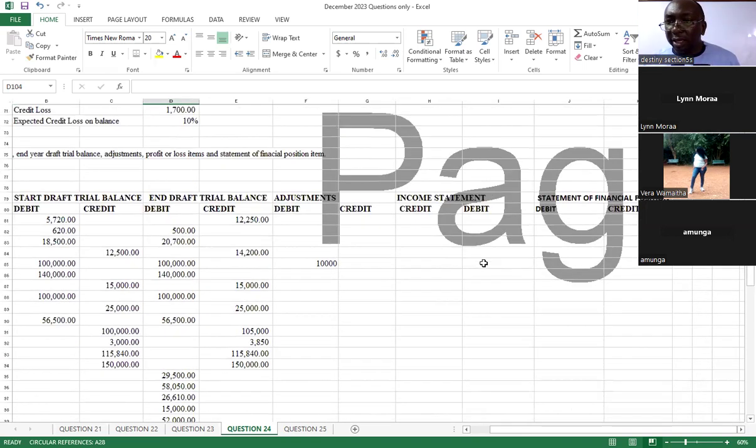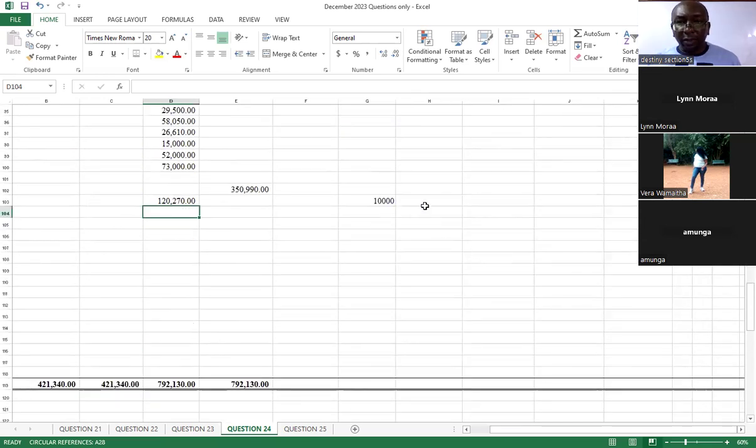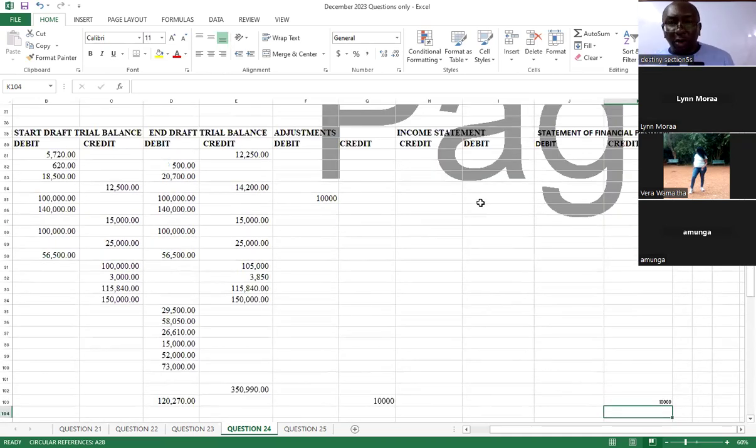Let me see the credit side. The credit is K. So this one, I want it to come here. Equals this. Yeah. So we mark that one has been brought there so that we don't forget. Then it is also going to affect our RAD here. Our RAD will go to the debit here.